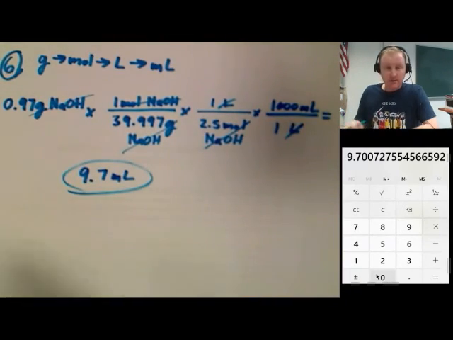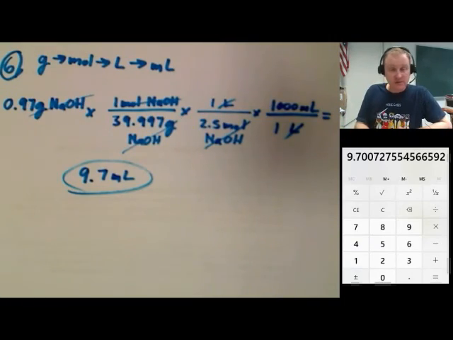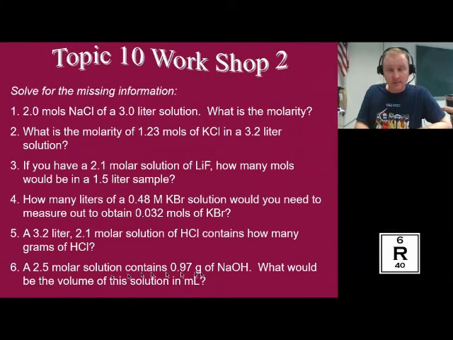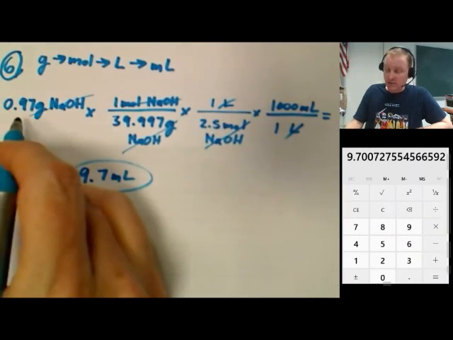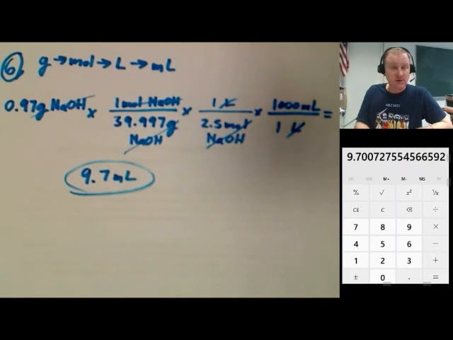So if we go back to what the question is asking, it says, what volume would I need to obtain 0.97 grams of sodium hydroxide? What volume of this 2.5 molar solution would I need? And the answer would be I would need 9.7 milliliters of the solution to get 0.97 grams of sodium hydroxide.